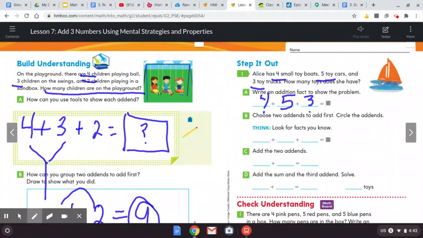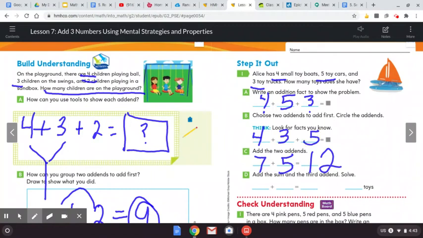4 and 3 make 7, plus 5 make 12. What's another way that you could group those together? So we thought about 4 plus 3 plus 5.